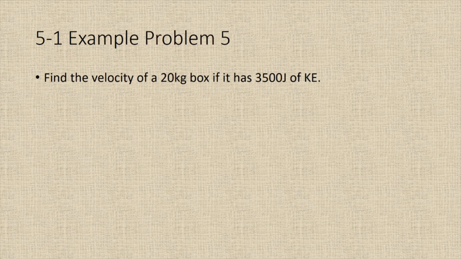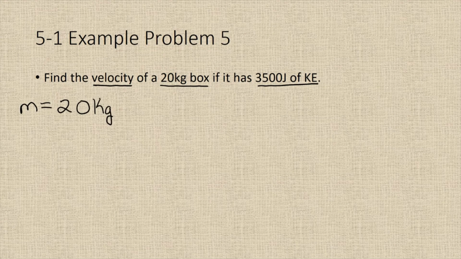We know that we've got a 20 kilogram box that has 3,500 joules of kinetic energy. We're tasked with finding the velocity. So we know the mass is 20 kilograms. There's really no question about which form of energy we have. That's explicitly stated for us as being 3,500 joules of kinetic energy.